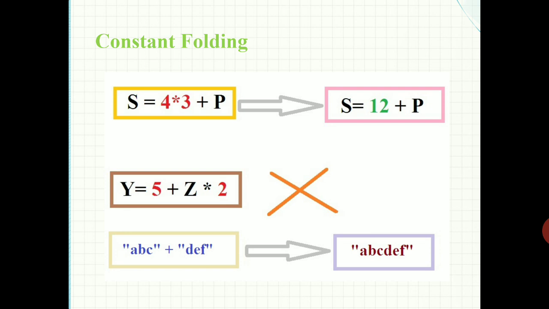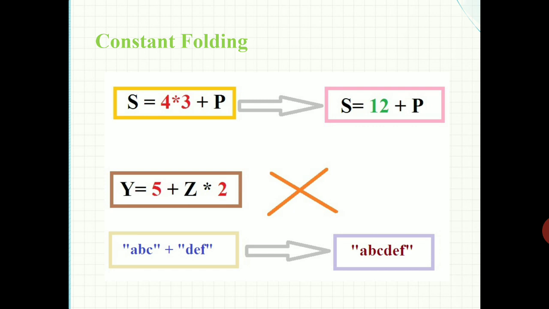We can perform the evaluation of the expression at compile time rather than at runtime. If the expressions contain constant values that can be evaluated at compile time, then the runtime of the program will be reduced by some amount of time.